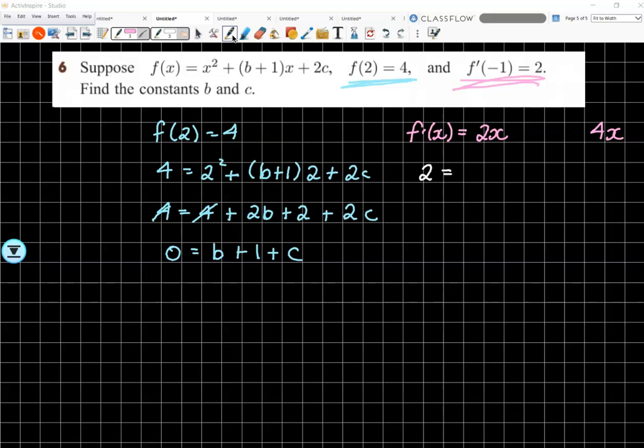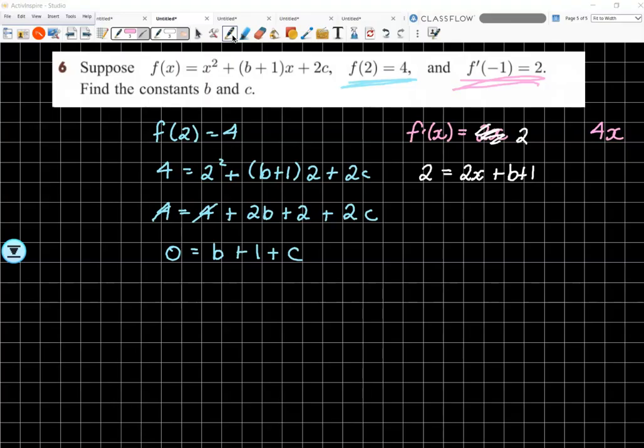Okay, so 2 will equal 2x. I'm going to say that equals 2. Right, 2x plus b plus 1. And what do we know about 2c? 2c or not 2c? A sailor went 2ccc. It's a constant, yeah? So what's the derivative of a constant? 0.